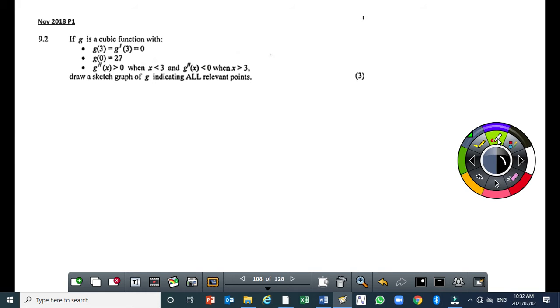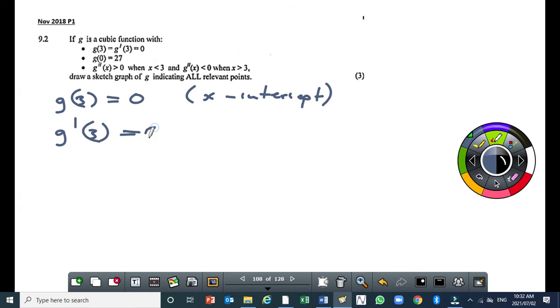Here there are two things that you need to be aware of. g(3) equal to 0, this is an x-intercept. What does g prime of 3 equal to 0 mean?